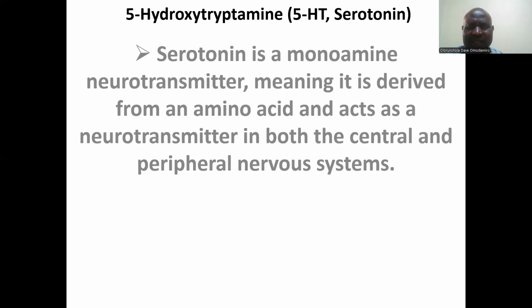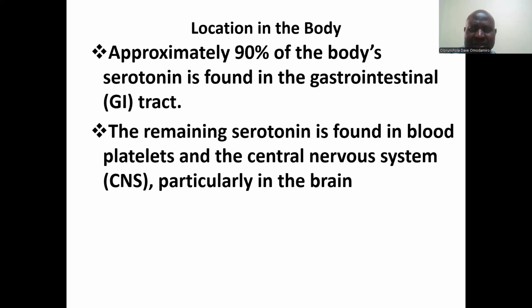Serotonin is a monoamine neurotransmitter, meaning that it derives from an amino acid and acts as a neurotransmitter in both the central and peripheral nervous system. It is majorly located in the gastrointestinal tract.